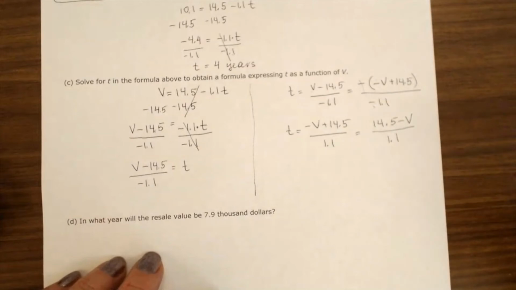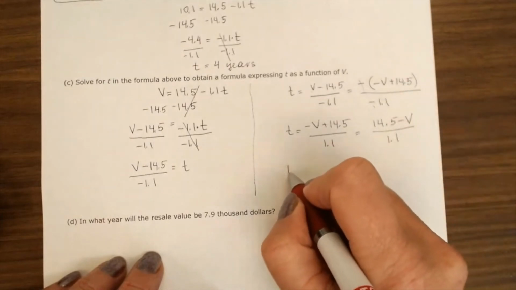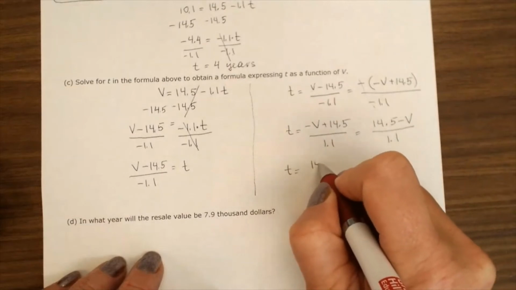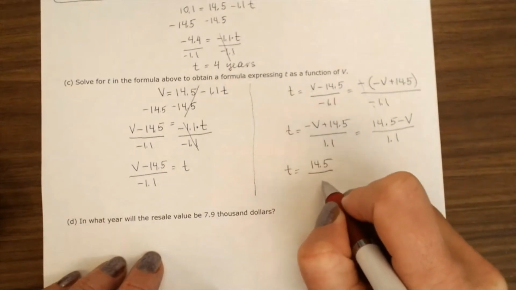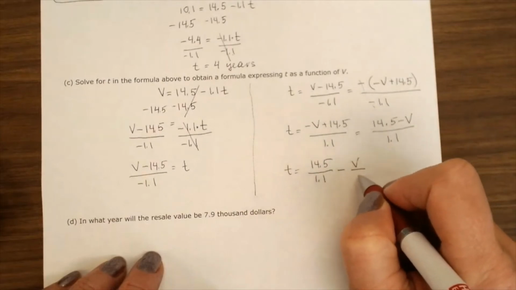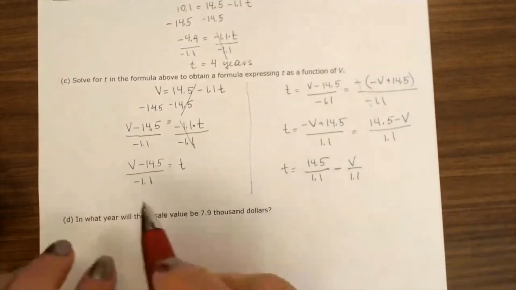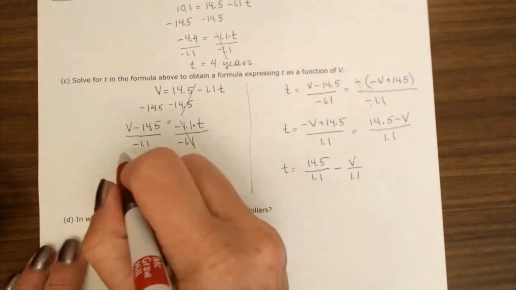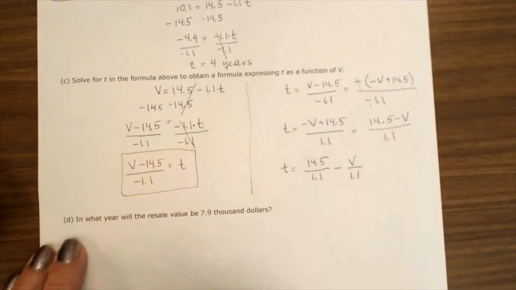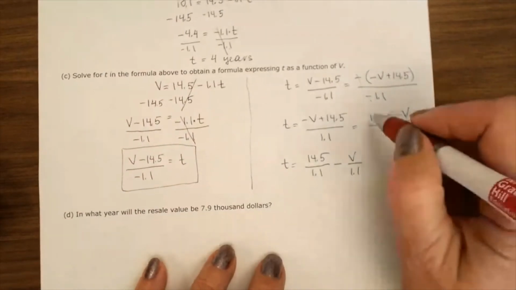Some people like to simplify further and split the fraction. So it will be 14.5 over 1.1 minus V over 1.1. So this is a good answer that you can enter into the software.